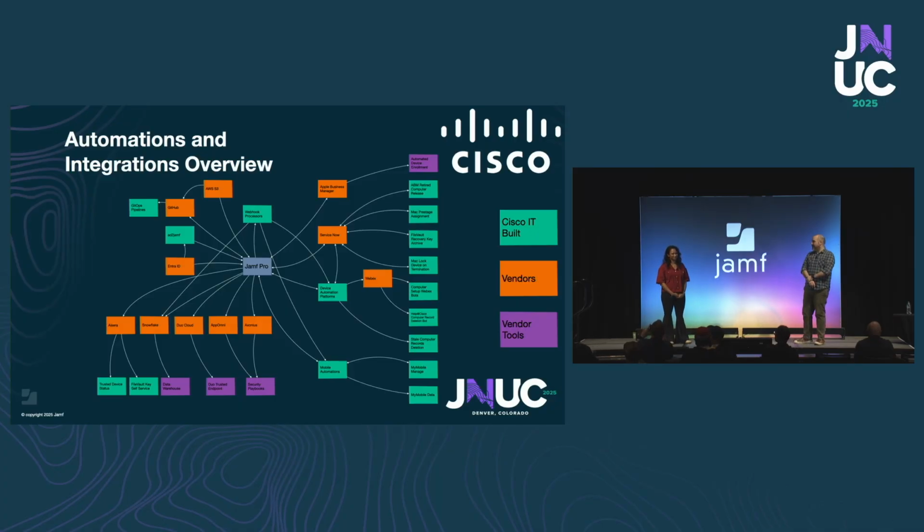Sure. So we're going to take a quick detour before we start to wrap up. So if you were in the keynote, or I'm sure you've heard of it before, vibe coding, right? If you haven't tried it, it's fun or infuriating, or both. I suggest trying it. And the reason I'm bringing it up is because it was mentioned in the keynote, but also it's sort of related to Jamf.